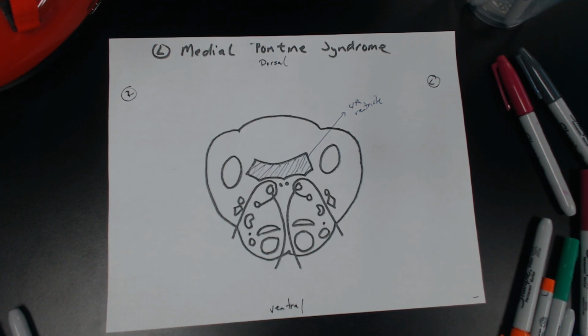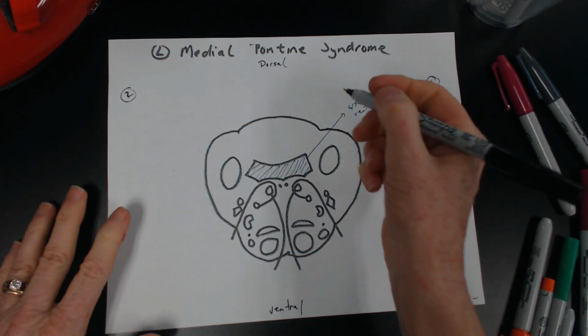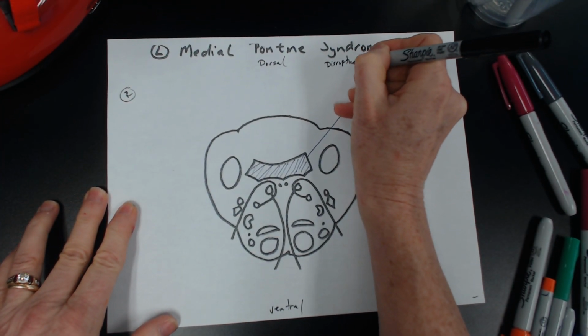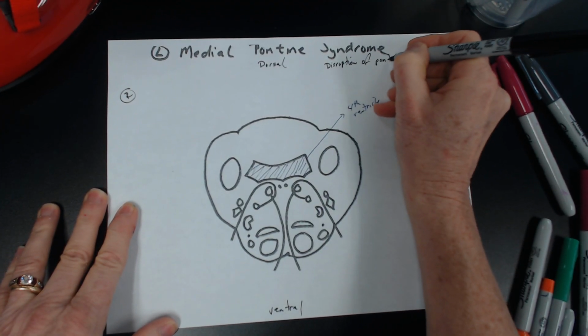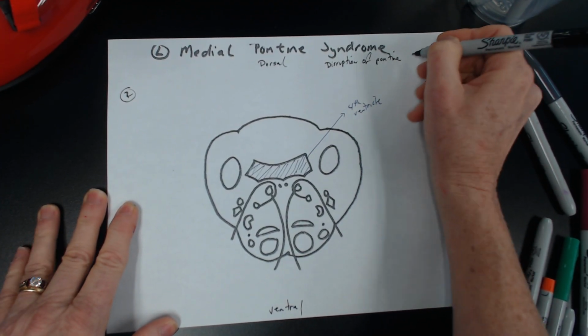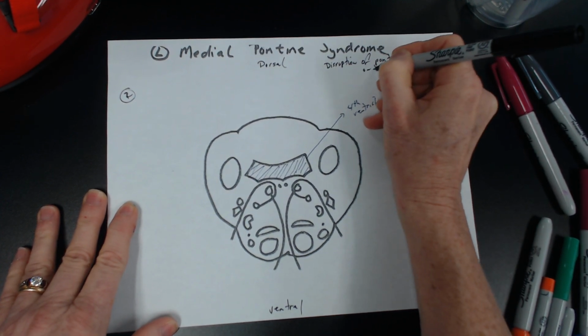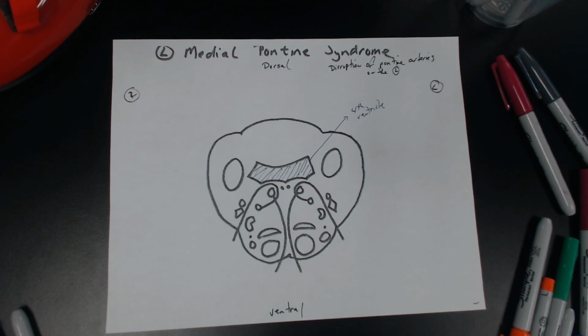So since we're only looking at one side here, this is going to be a disruption of, let's say, the pontine arteries on the left. Since the basilar is right up the middle, we're just going to say the pontine arteries on the left side of the basilar. Okay, just to make it easy.